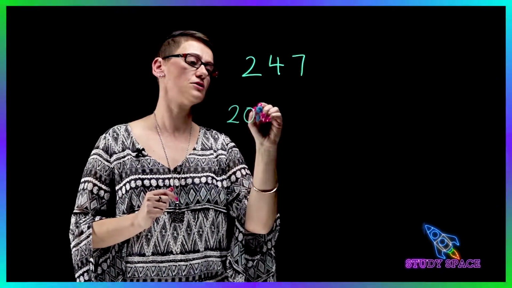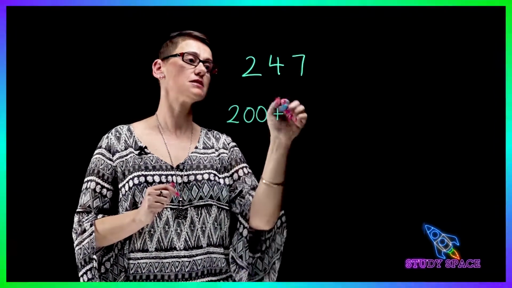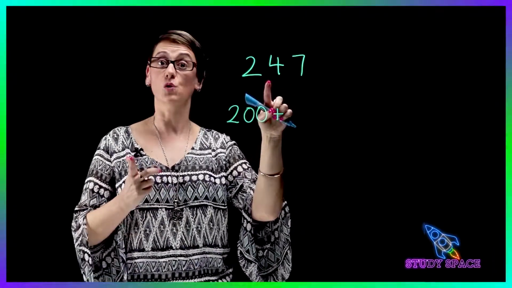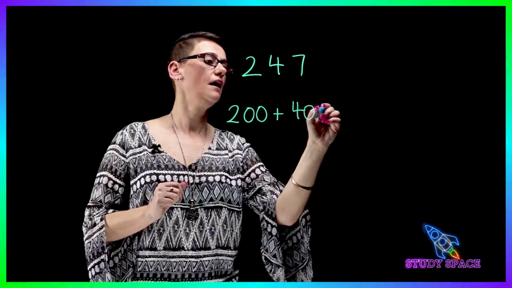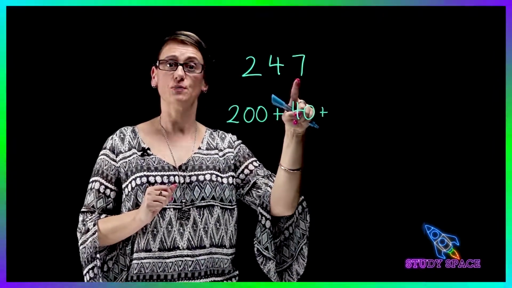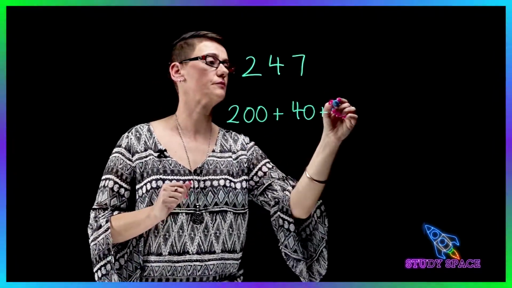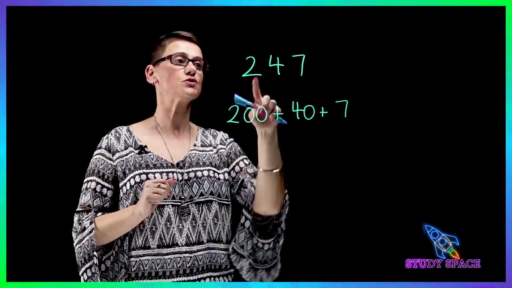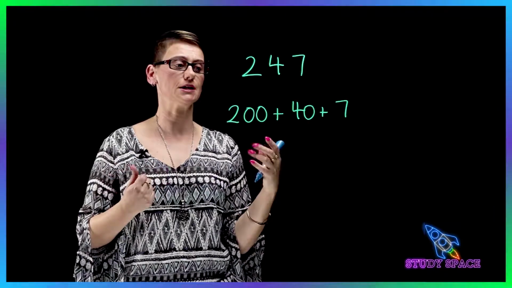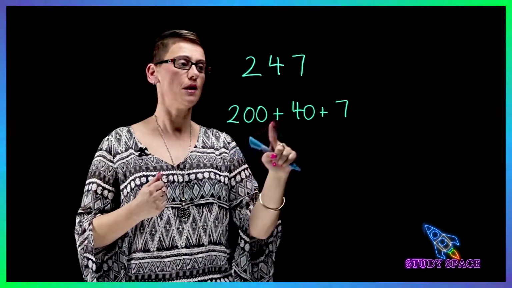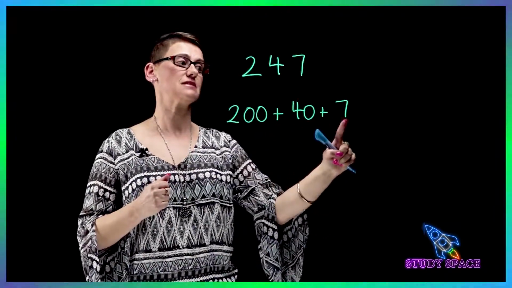So 200 plus the 4, which represents 40. And then the 7, which represents 7 ones. Okay, so 247 as an expanded notation is 200 plus 40 plus 7.